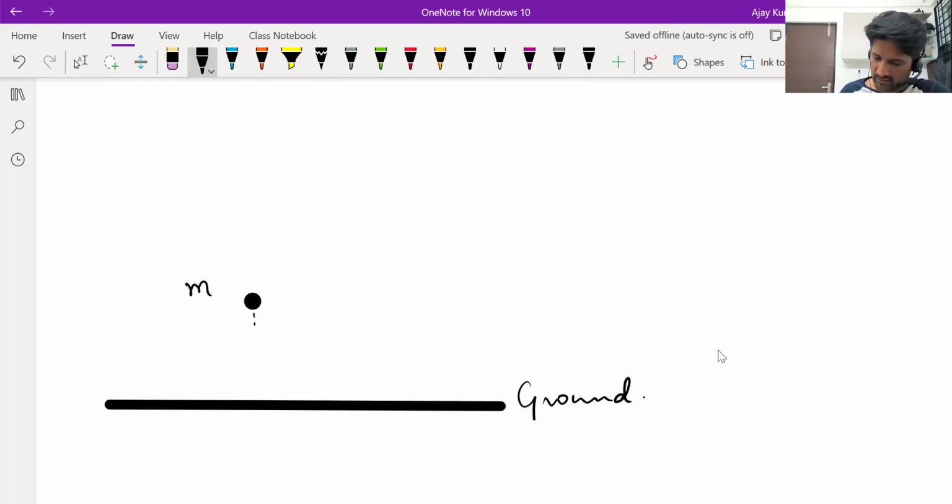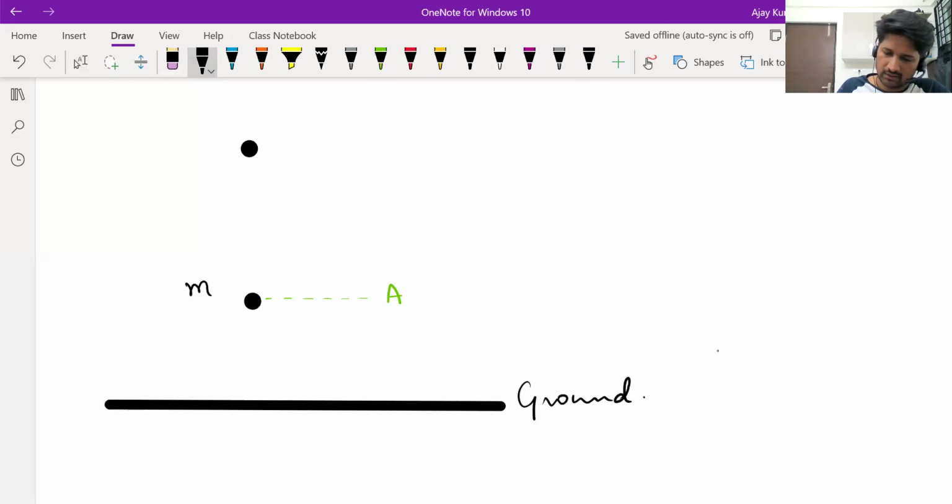Assume it is initially at a height h1 above the ground. You may call this position A. Let's take the object to another position, to a greater height, maybe somewhere here.